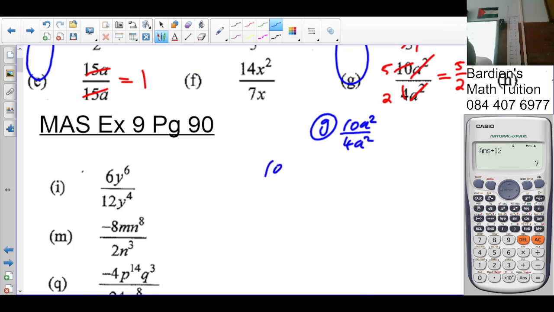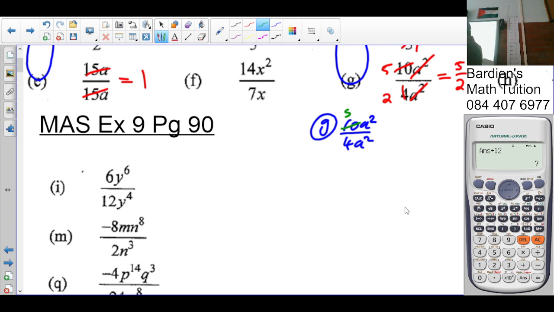Now if you add 10 over 4, just like that, as we normally would have, then you would have seen 2 goes into 4 twice, 2 goes into 10 5 times, so it would be 5 over 2. You understand? So if that is part of a fraction, same rule applies.